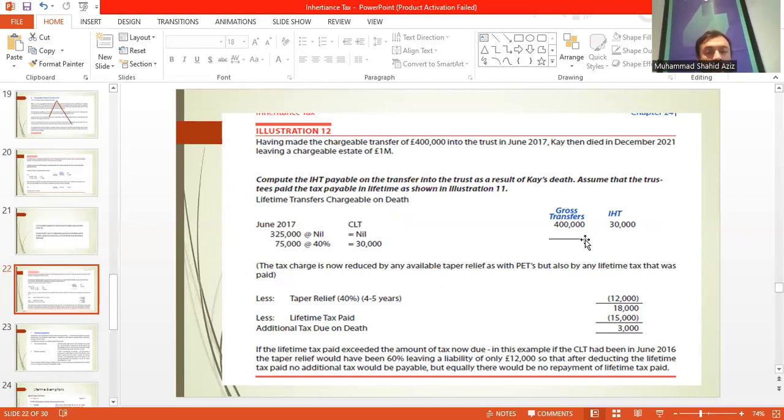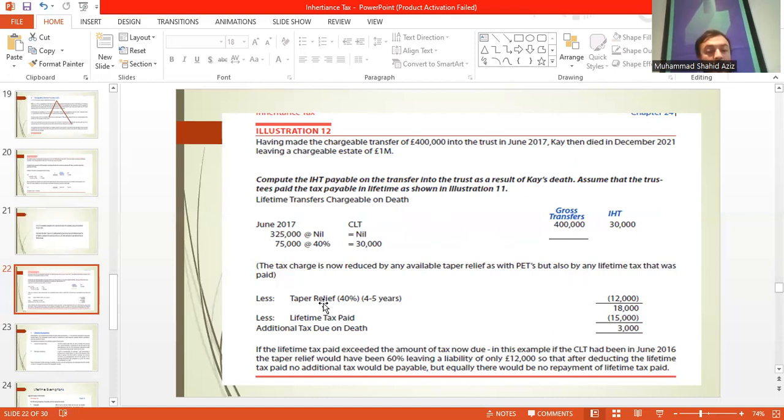So out of this £400,000, £325,000 is the nil rate band and £75,000 is taxed at 40%, so £30,000 needs to be paid as a chargeable lifetime transfer. The tax charge is now reduced by any available taper relief, as with a PET, but also by any lifetime tax that was paid.